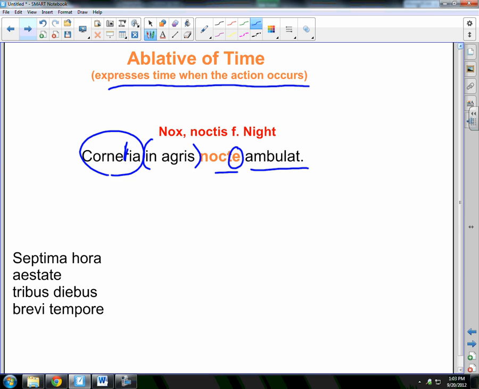Remember, that's our ablative ending for the third declension, and if I look up nox in the back of the book, it is definitely third declension. When I put that E there, it makes nocte ablative. So I have to ask myself, how do I want to translate this? There is no preposition that goes with it. I understand now that it is associated with time, so I'm going to translate it as a time word.